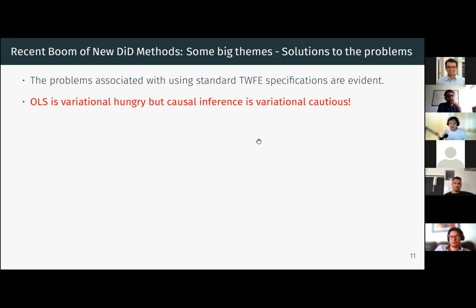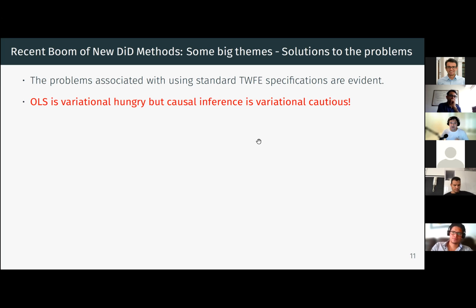I'm going to try to leverage every single comparison that I can in my data set. So I'm going to compare early treated versus later treated. I'm going to compare later treated versus early treated. I'm going to do every single comparison such that I see variation in treatment status, because I'm aiming to minimize mean squared error.